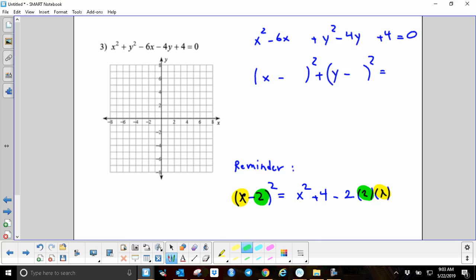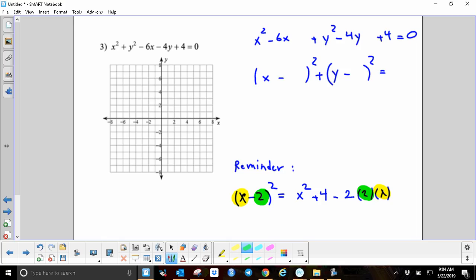Remember that? Now we're going backward. X squared, and 4, minus 2 times the first one times the second one. This is algebra 2. This is not calculus.